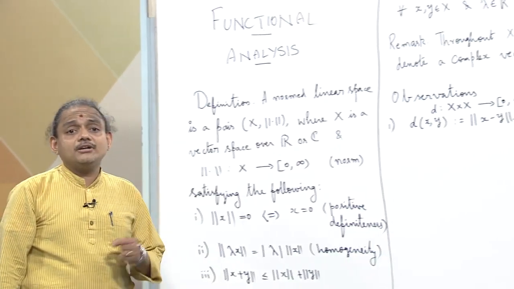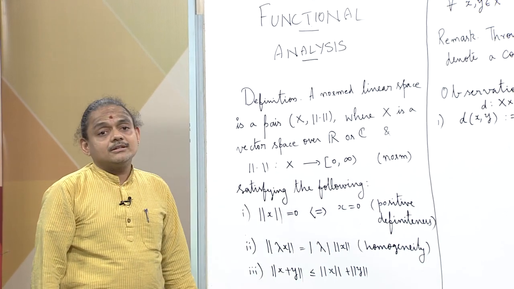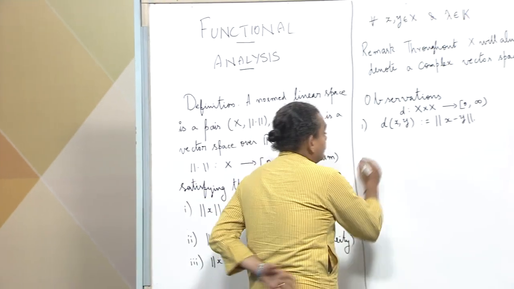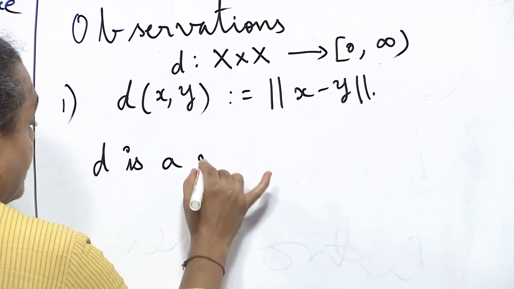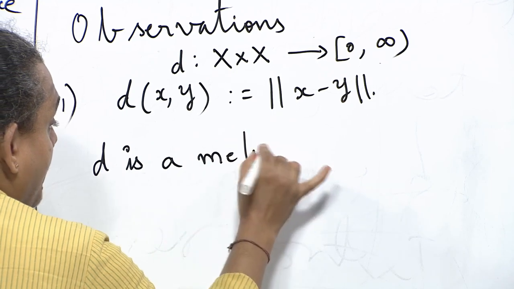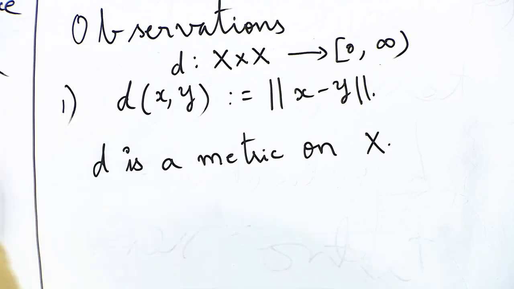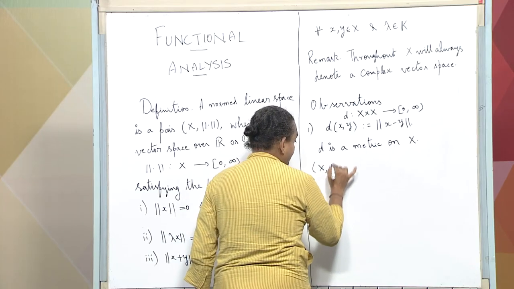For those who have done a course on real analysis, it can easily be observed that this d is a metric on X, or equivalently the pair (X, d) is a metric space.